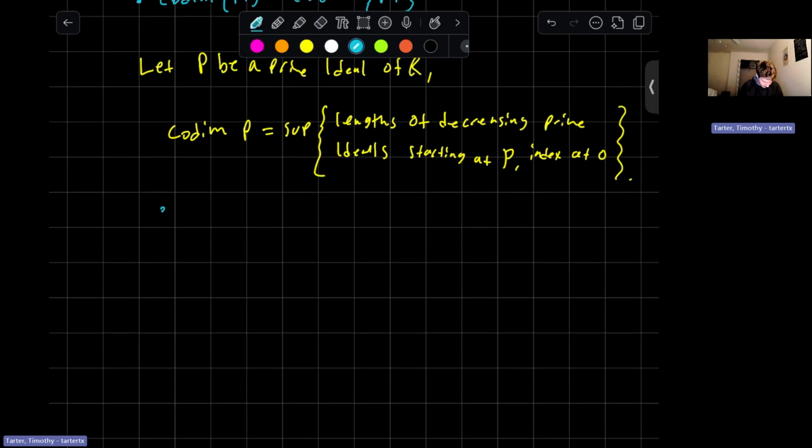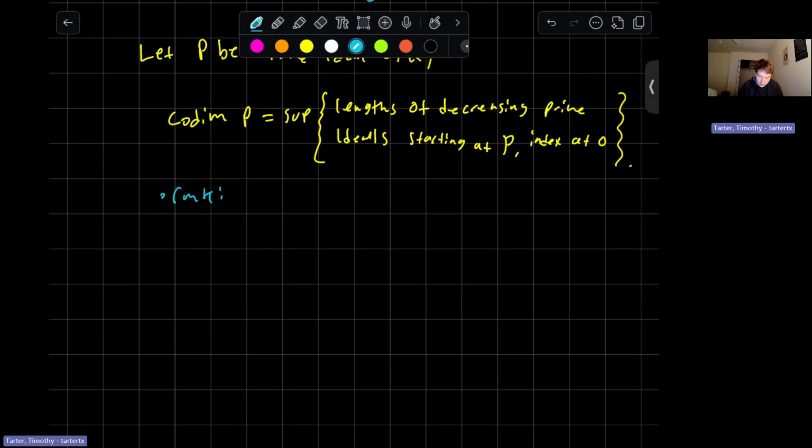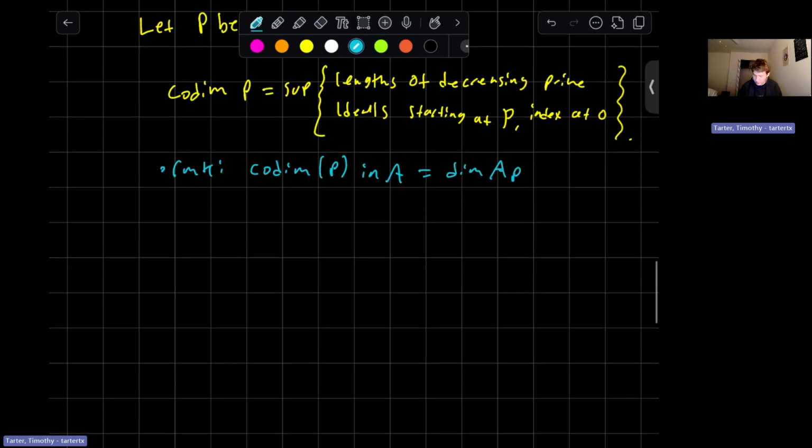Just as a remark, the codimension of P in a ring A is the dimension of the localization at P. And this is called the height.